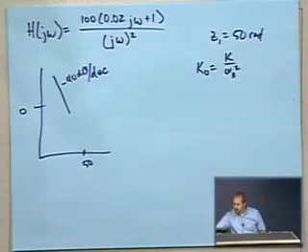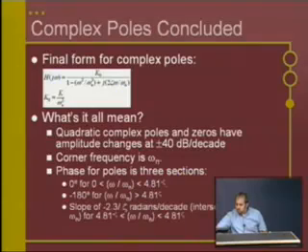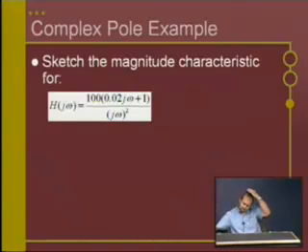Looking back at this, I'm thinking that the frequency for omega n must be 1, either that or it's 0.